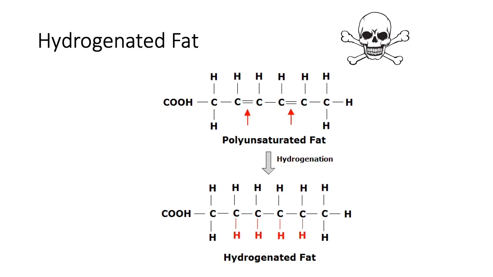That's called hydrogenation. And now you get rid of the double covalent bonds and you have all single covalent bonds. And you can see in red down at the bottom the hydrogens that have been added. So you're turning a polyunsaturated fat into a hydrogenated fat because you added hydrogens to it. And this allowed you to take a liquid at room temperature and convert it into a solid, such as margarine.